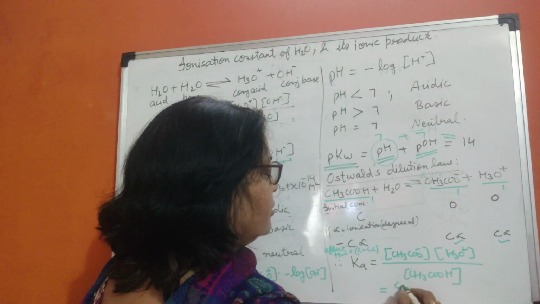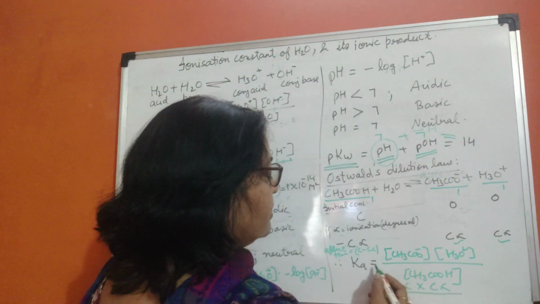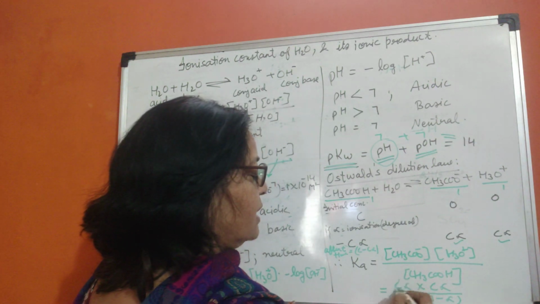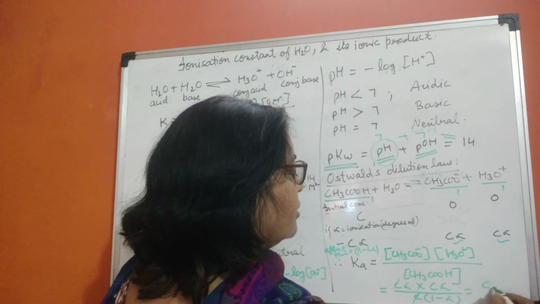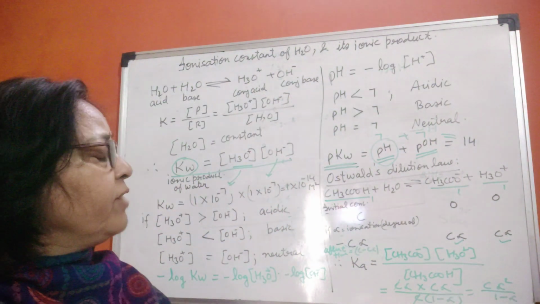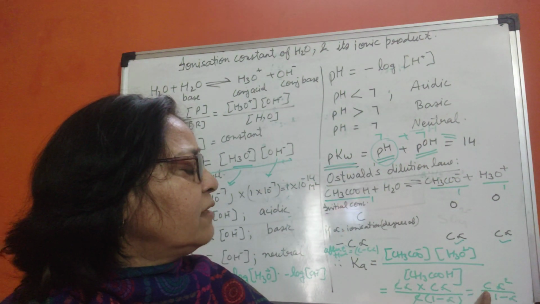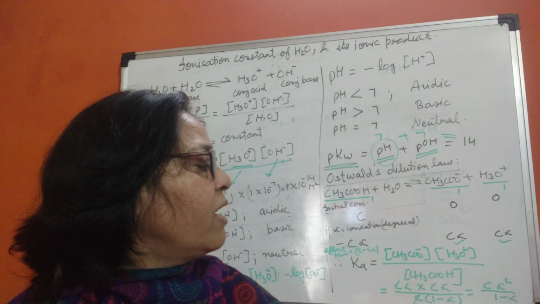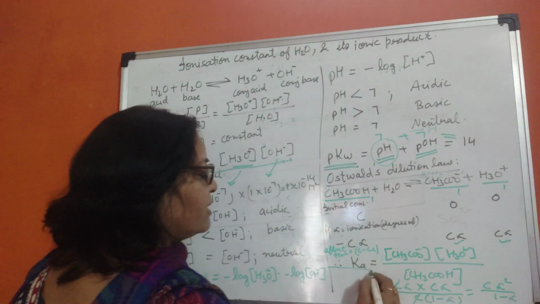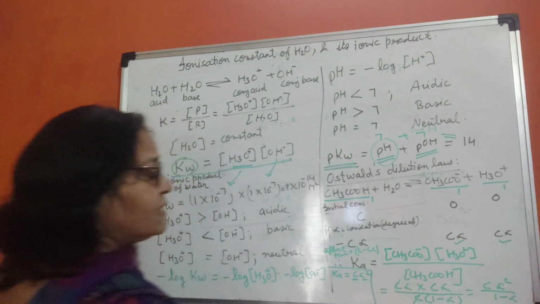So it is equal to C alpha into C alpha, we put both values, divided by C minus C alpha for CH3COOH. We take C common, so C into 1 minus alpha, okay. One C cancels, so we have here C alpha square upon 1 minus alpha. So for weak acids we have this Ka, the equilibrium constant, equal to concentration multiplied by degree of ionization square divided by 1 minus degree of ionization. If this value 1 minus alpha is very small, then we consider that Ka equals C alpha square, where C is the molarity and alpha is the degree of ionization.